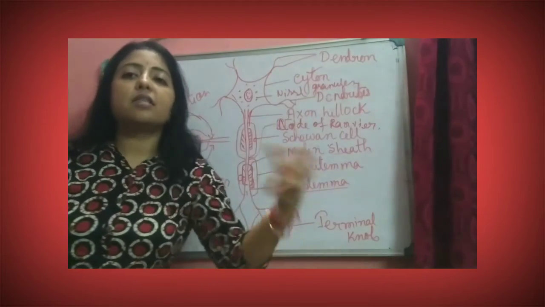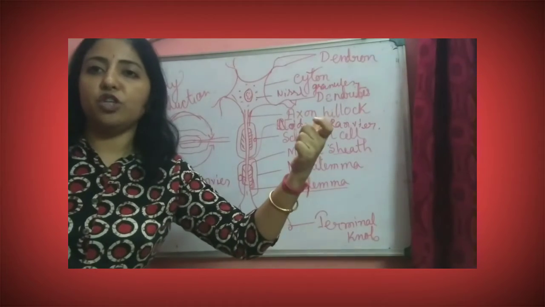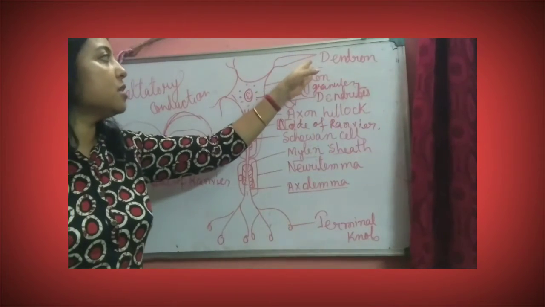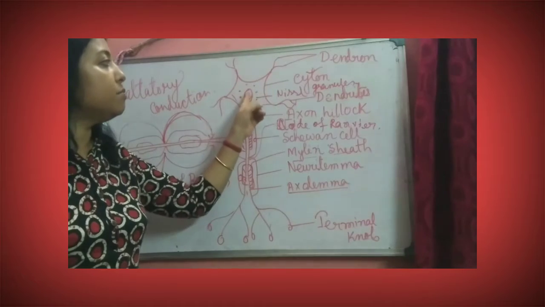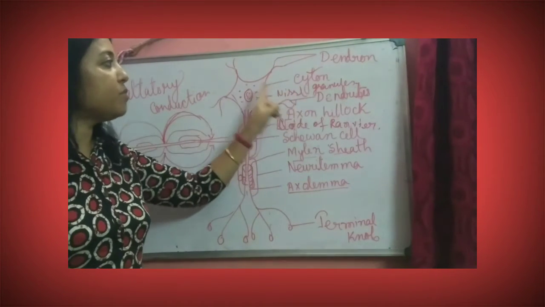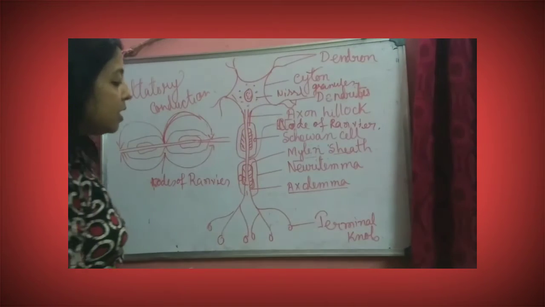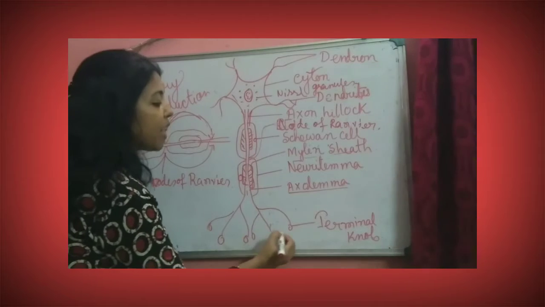Dendron takes the impulse from another neuron, that means the presynaptic neuron, and then it conducts this impulse to this portion, that is the cyton. And from this cyton it will be passing through the axon. And here at the axon, some terminal branches are present.